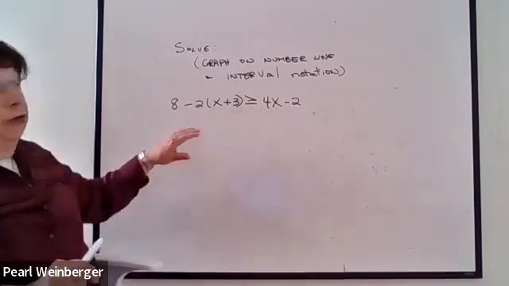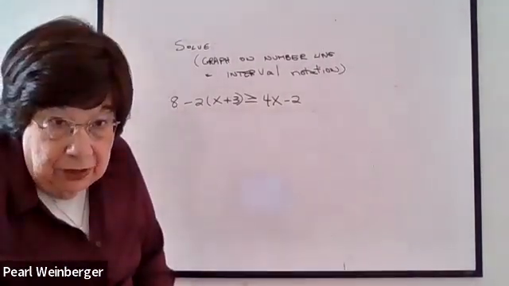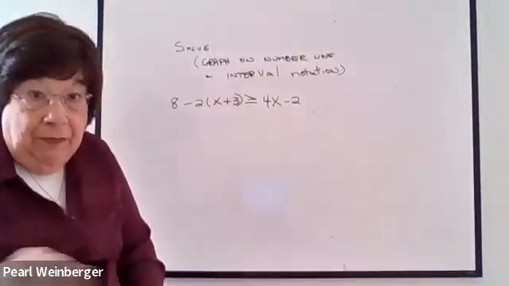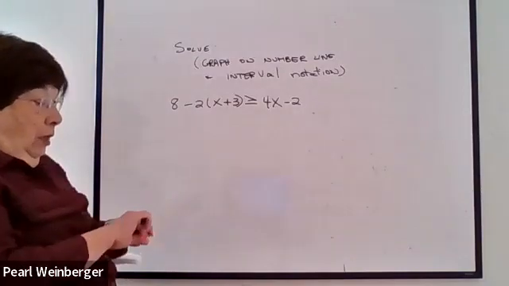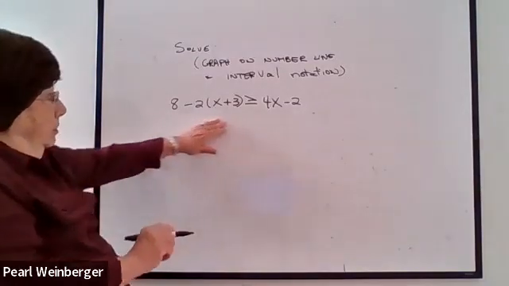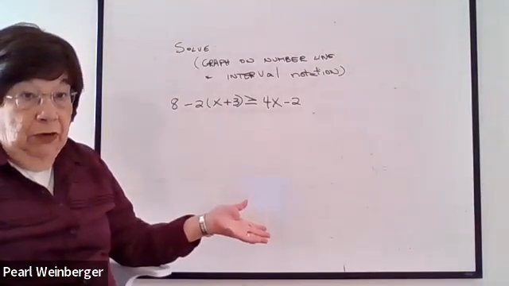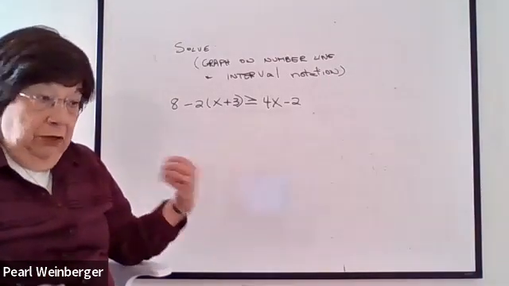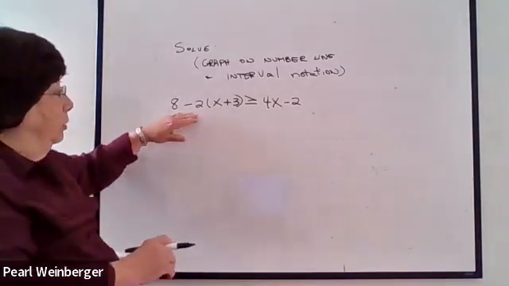Okay, so let's first talk about how we're going to solve this. I didn't see anybody put an answer on the chat, but let's work on it together then. Our first step, as we've done every equation so far, we follow the same steps for inequalities that we do for equations.